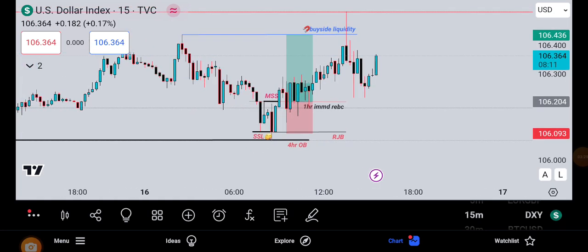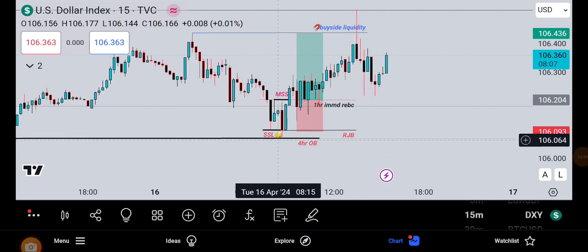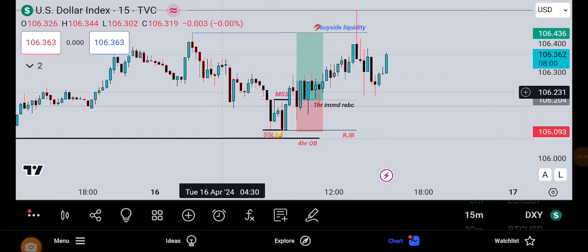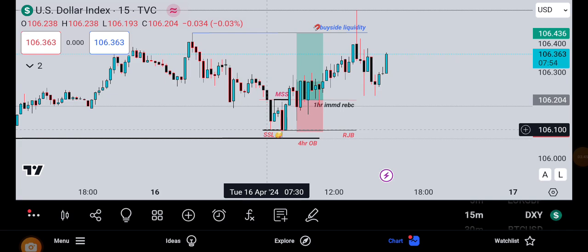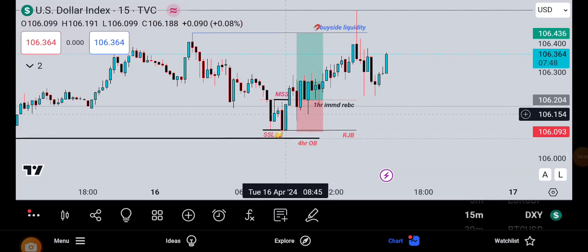It was a key level, or a reversal point, from which I was expecting to see price reverse, because you can see we have this sell model here, and inside this level, inside this 4-hour order block, this is the level I was watching to see whether I can see a reversal.